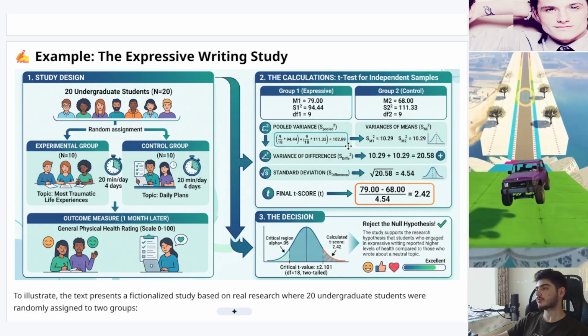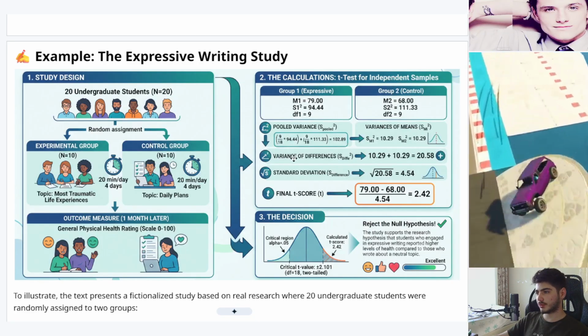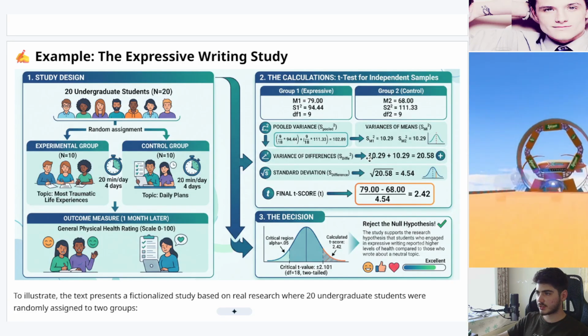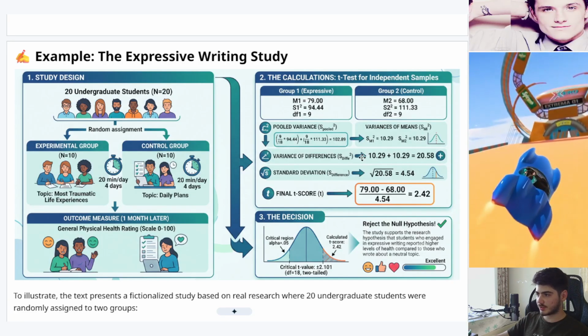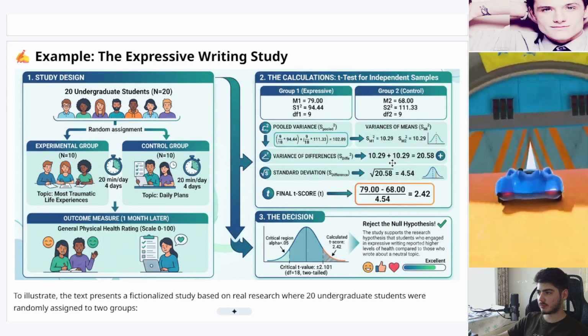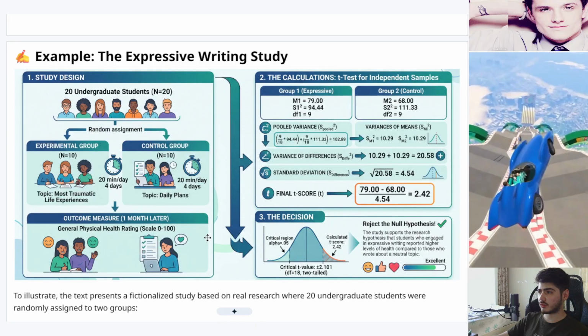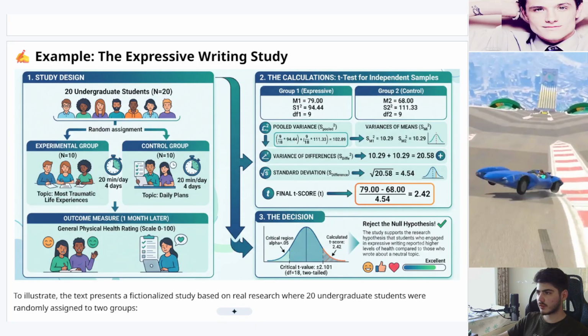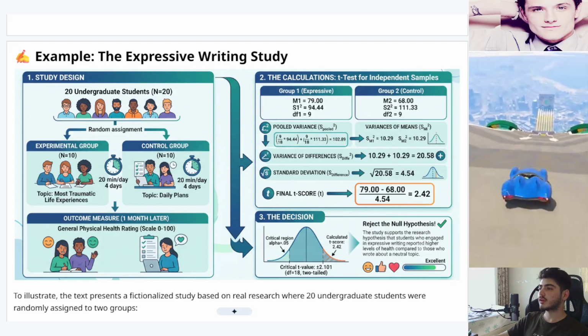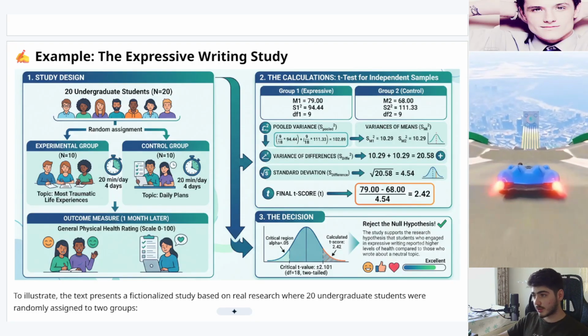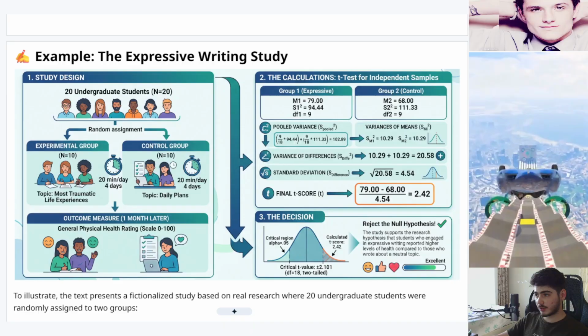which yields us 102.89. And then we go into the variance of differences, which gives us 10.29 plus 10.29. What? Something happened. Yes, something major happened. We forgot to subtract 9 from these.